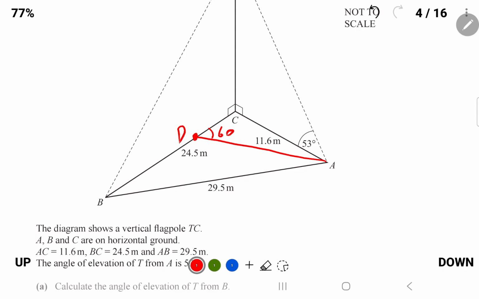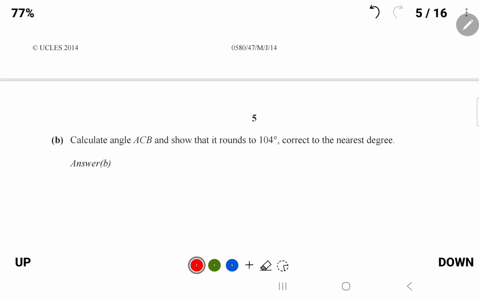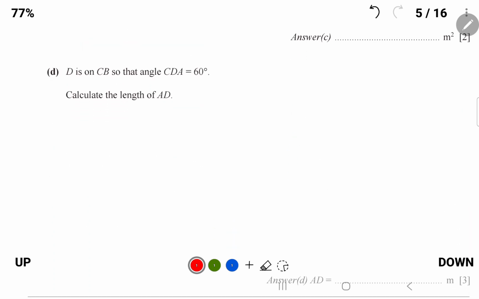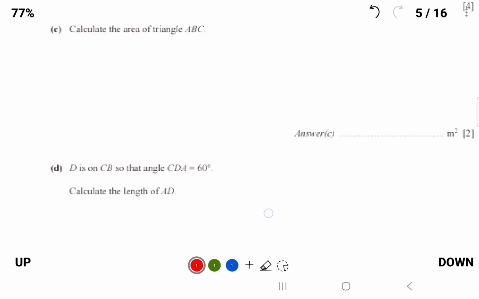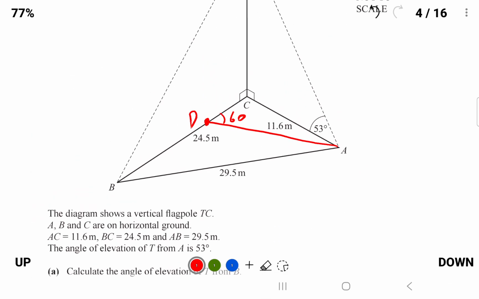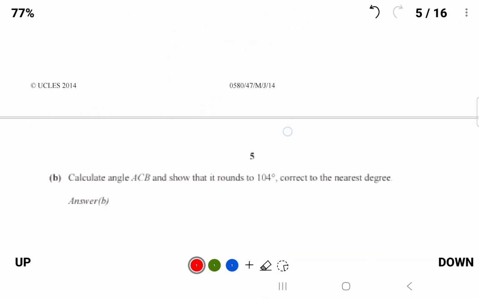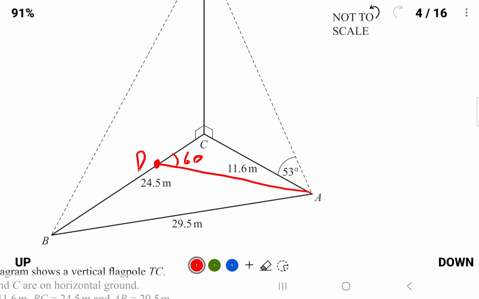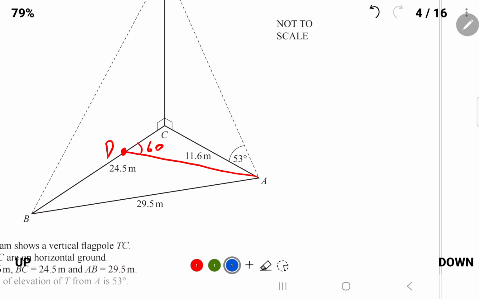So this is D, angle ADC. So angle CDA is 60. Calculate AD. So let's calculate now AD and see what we have to do.